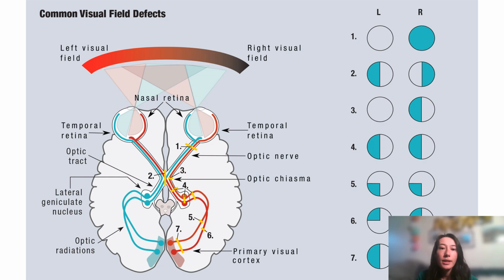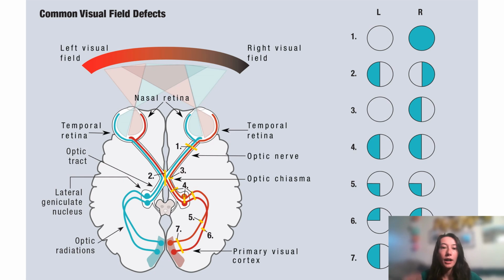Same idea on the right side. The right side of the right eyeball is going to stay on that right side, communicating information to the brain on that right side, while the right side of the left eyeball crosses at the optic chiasma to then provide information to that same side, to the right side.